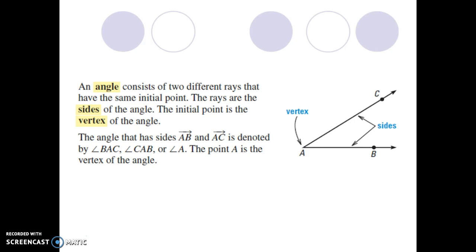So if necessary, we name an angle by a point, its vertex, and the other point. It's imperative that the vertex is in the middle. Notice it can be called BAC or CAB, but the A is always in the middle. So when naming an angle, we use either just the one letter of its vertex if it's by itself, or the three points with the vertex in the middle.